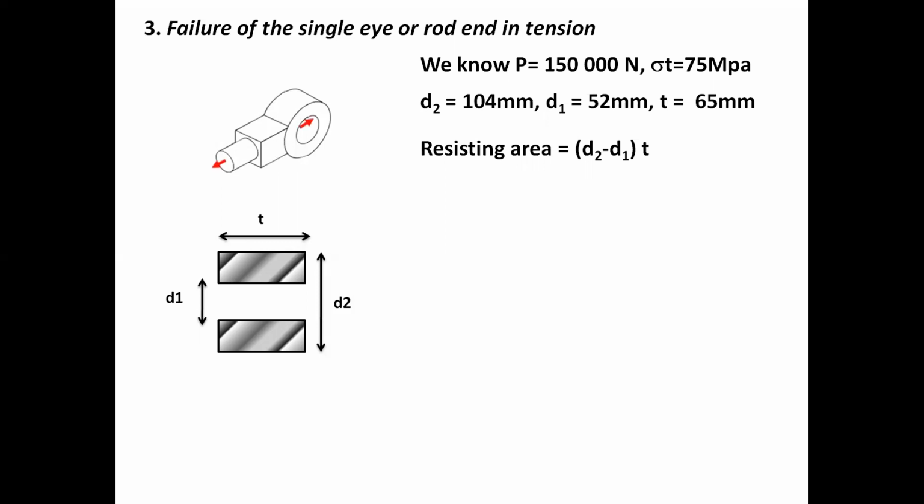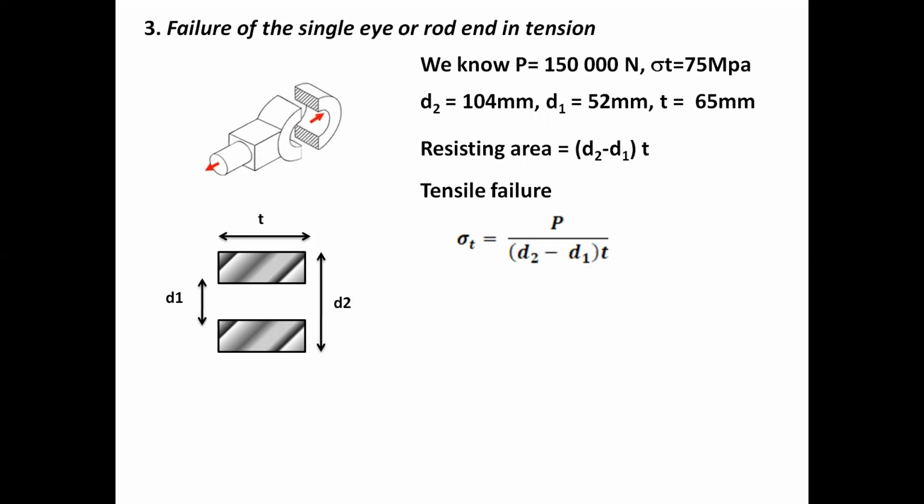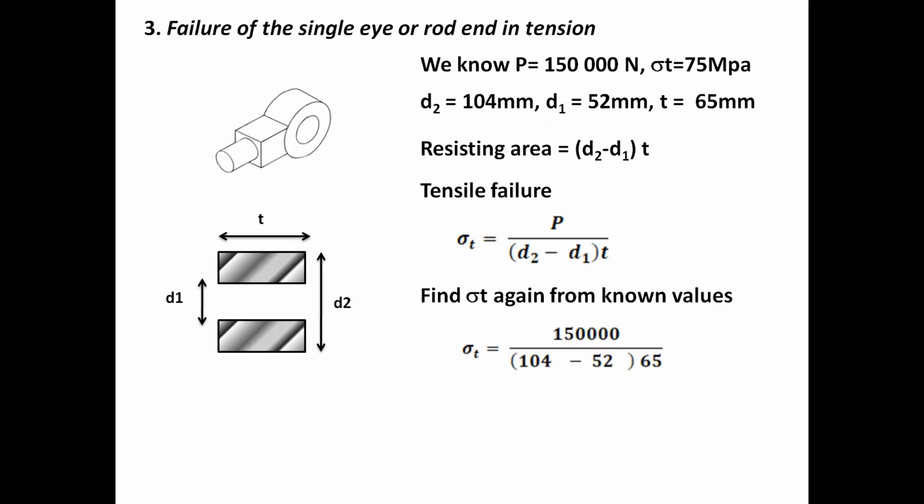So resisting area is D2 multiplied by T minus D1 multiplied by T. By subtraction of two rectangles, we get the effective resisting area. Now it is a tensile failure, so force divided by area. Sigma T is equal to force divided by D2 minus D1 into T. We know the standard values, so let us put those values in to find sigma T.